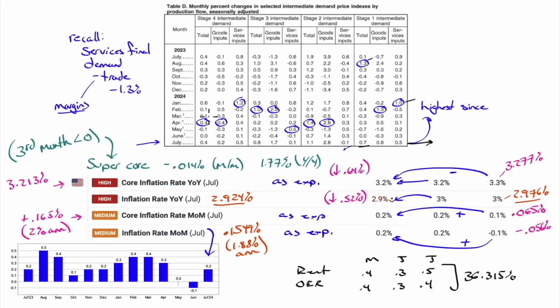So stage 4 total is the highest since April. For stage 3 total, highest since February. Stage 2, highest since April. And here, highest since August of 2023. That's not really a good trend, but you'll remember from the previous screen, services, final demand, trade, negative 1.3.